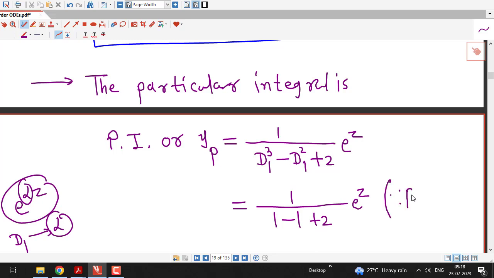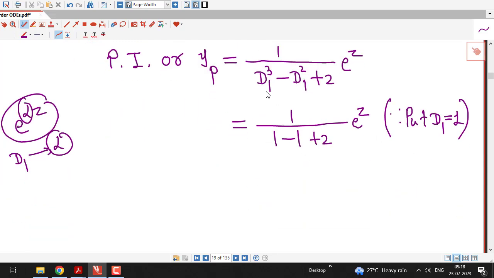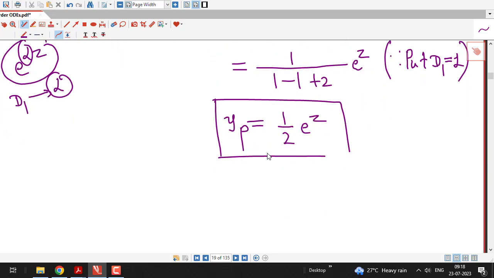What we have done, we have taken D1 equal to alpha, alpha is the coefficient of z which is 1, and after putting D1 equal to 1, this is non-zero, therefore we have 1 by 2 times e raised to z as our particular solution or particular integral.